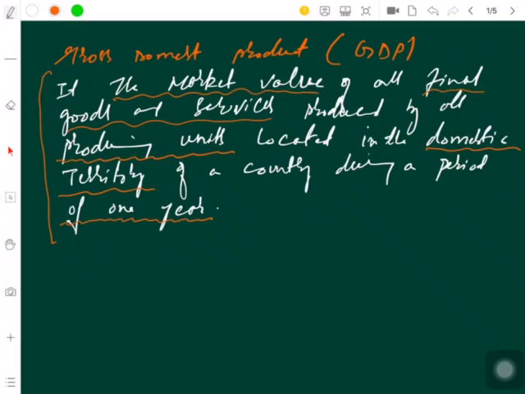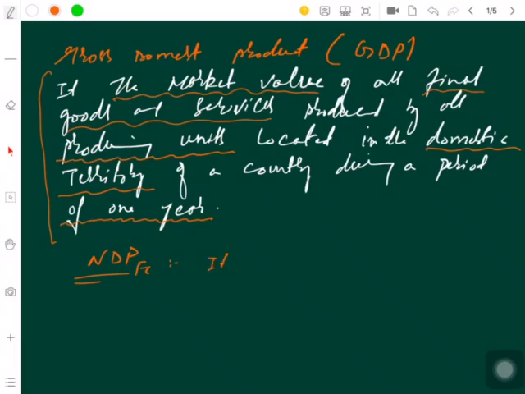So if I take one more definition, like if I talk of NDP, let me write it down here, NDP. So let us say NDP at factor cost. I'll define this so that you may understand it properly. Now how can I define it?